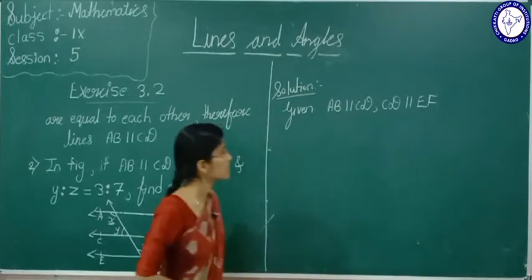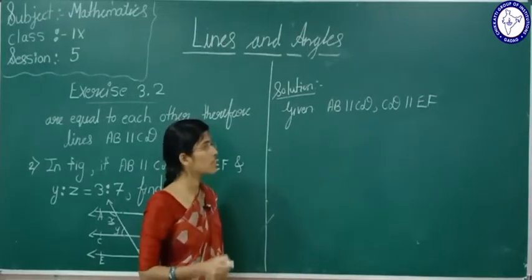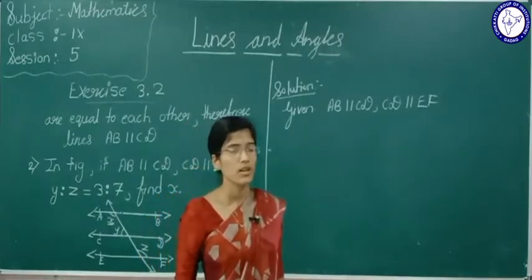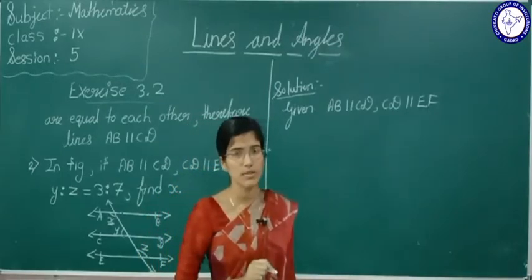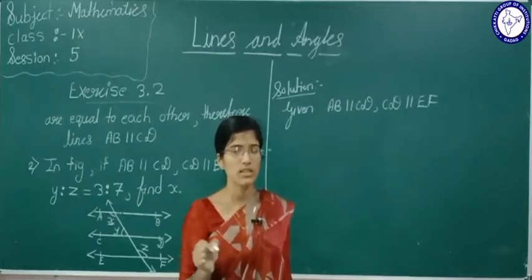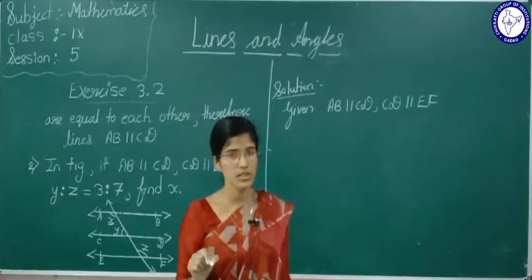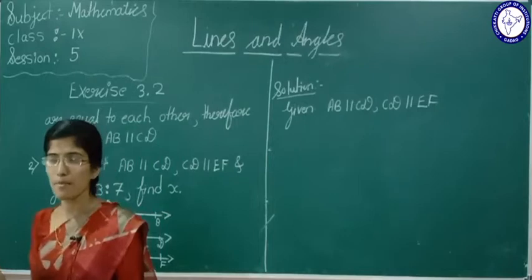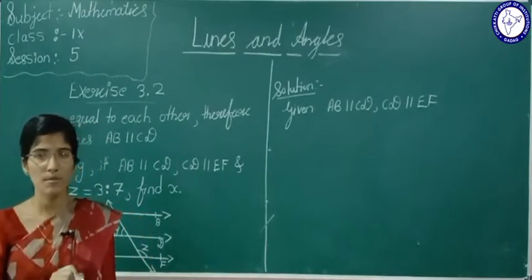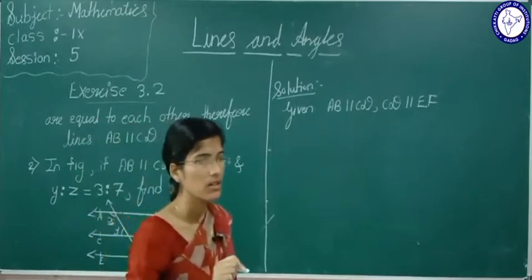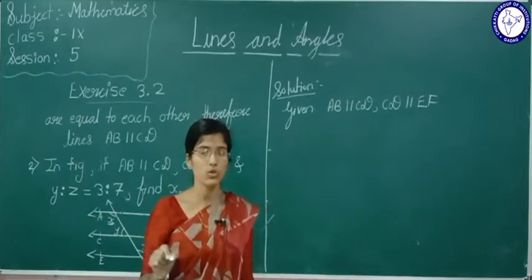They are given AB is parallel to CD, CD is parallel to EF. Now see here students, we have learnt a theorem here. If two lines are parallel to the same line, then the two lines are parallel to each other. Yes or no? If two lines are parallel to the same line, then the two lines are parallel to each other.